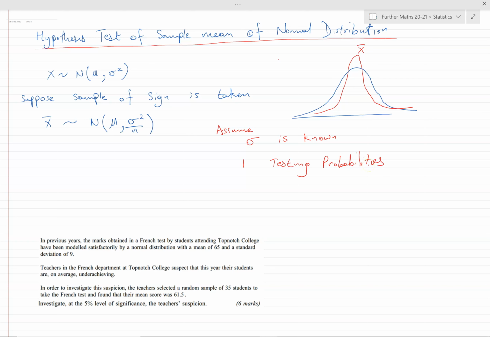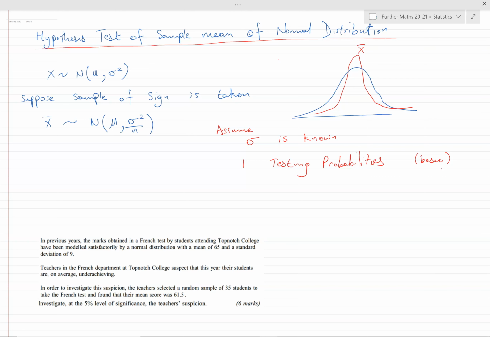This is a very basic approach, but it's perfectly acceptable because it's more similar to the approach you should already know on hypothesis tests with a proportion, a normal distribution on a binomial distribution.